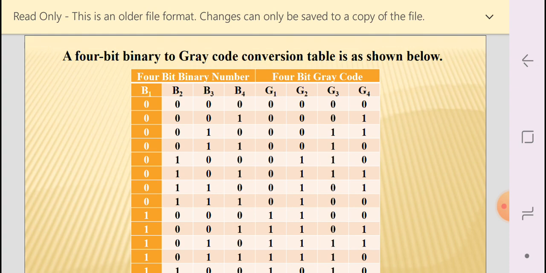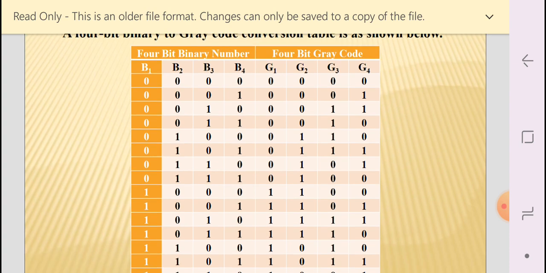Then G3 equals B2 XOR B3, and the last one, G4, equals B3 XOR B4. Take an example, the first row. G2 for the first row is 0. How is it 0? B1 is equal to 0 and B2 is equal to 0. So 0 XOR 0 is obviously 0.